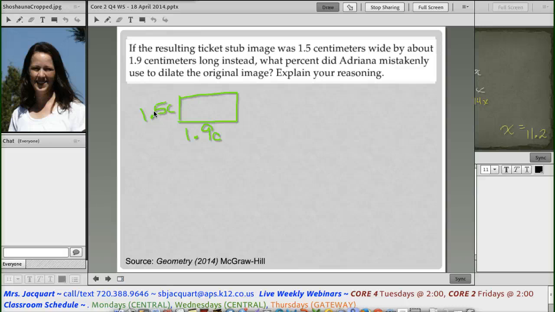Oh. Okay, so let's delete. The resulting ticket stub was... Okay, I don't think I have the full question on here. Sorry. There's more of a question on here and I don't have it.